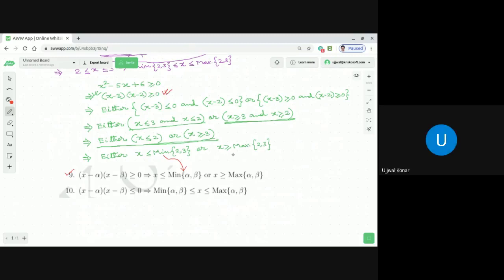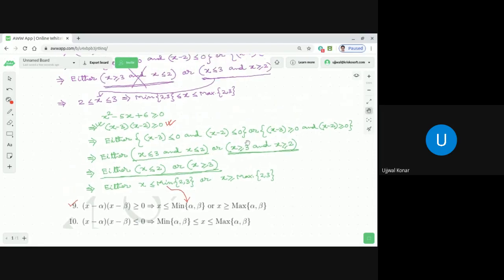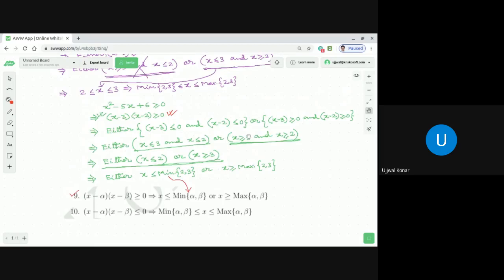Correct? And x minus alpha into x minus beta less than or equal to 0 means that x is in between the minimum of alpha and beta and the maximum of alpha and beta, which was the previous case. Clear or not clear?